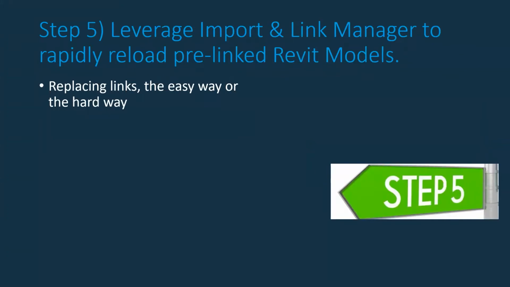We can replace links the easy way or the hard way. What do I mean by that? Do I mean we go Insert, Manage Links, and pick each one? Or do I mean we use the import and link manager to replace links and check what worksets they're on and make sure they're pinned, among a multitude of other things.